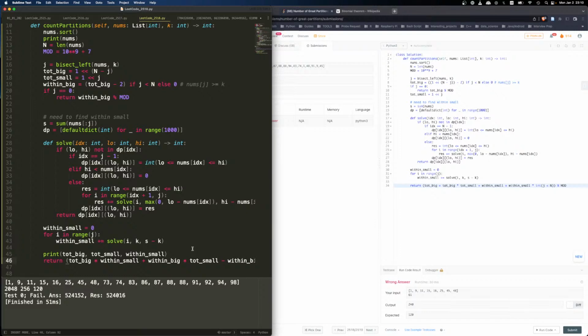So now we have total small and within big. And we have some overlap. Right? We have overlap. Because total big, they're all good. Hold on. My God.